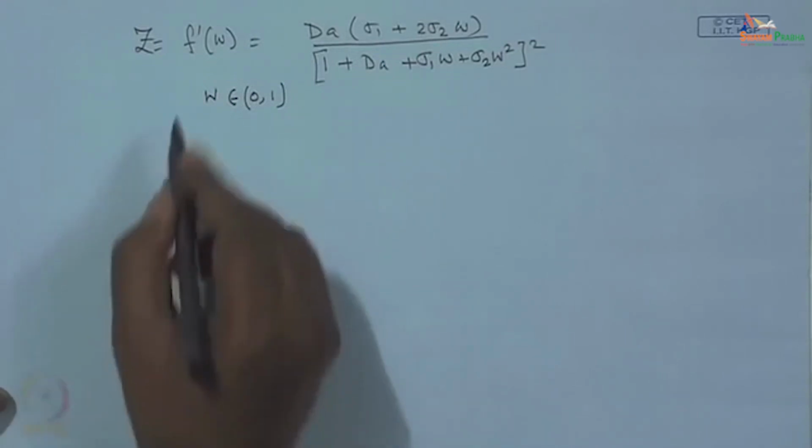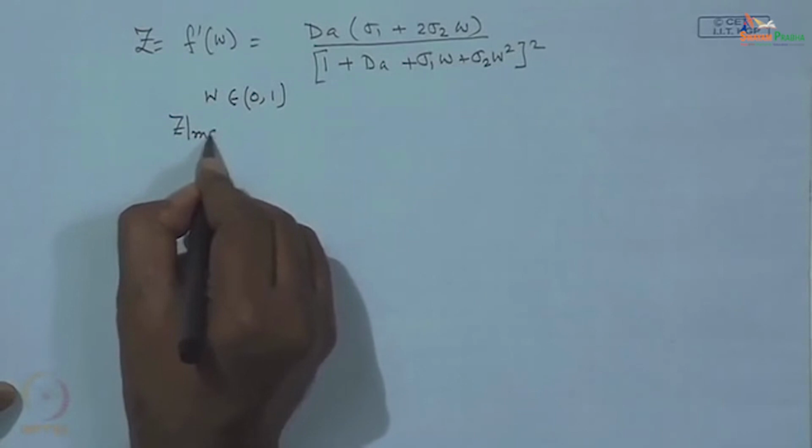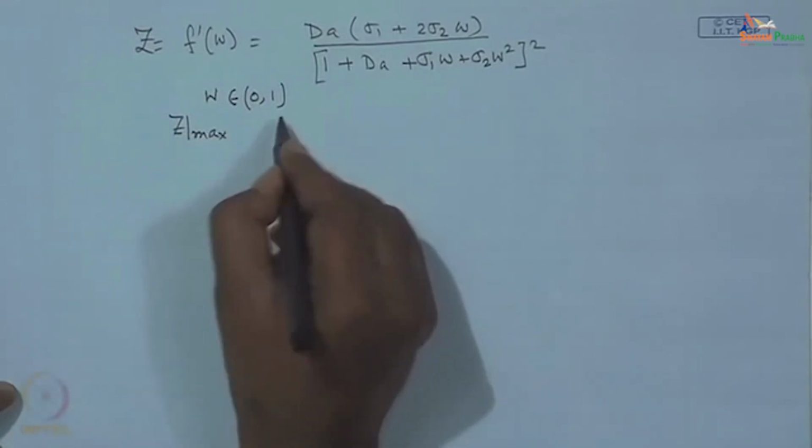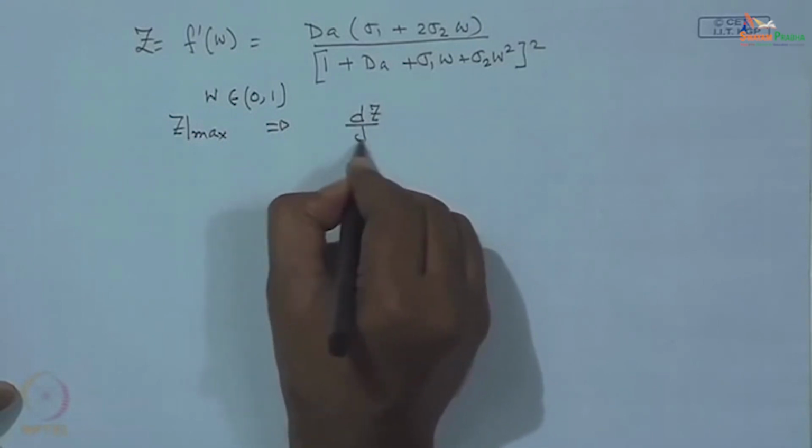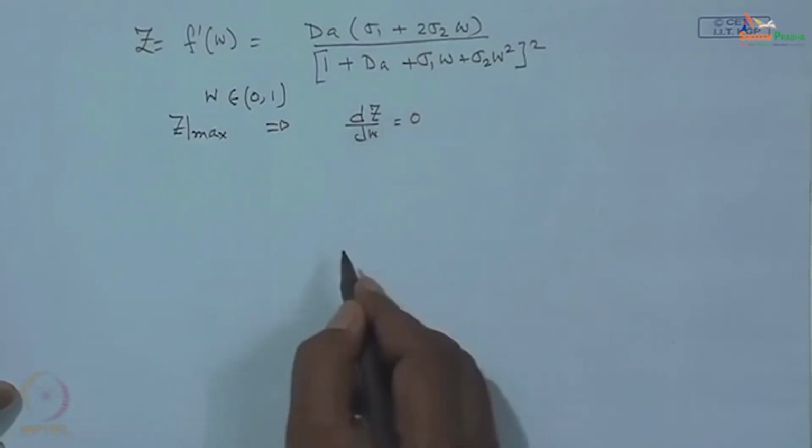So, we evaluate the z max, the maximum value of z. The maximum value of z will be obtained if we evaluate dz dw and put it equal to 0.